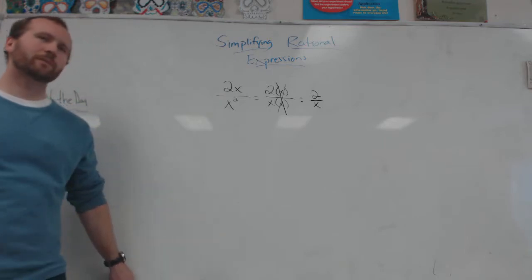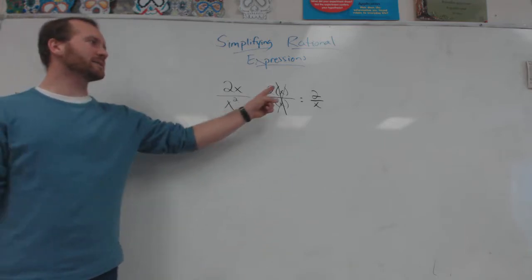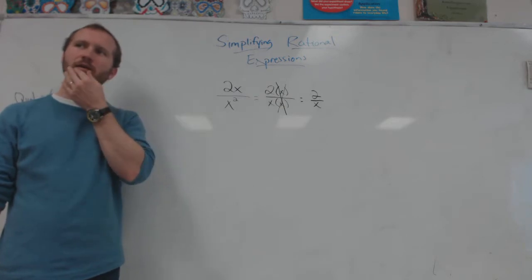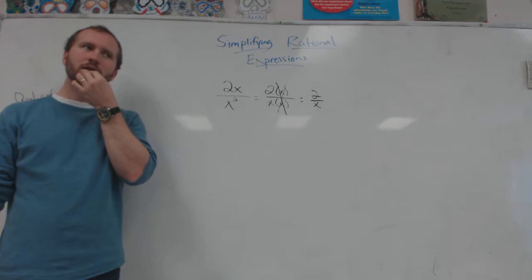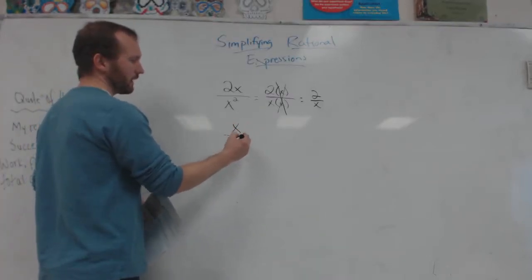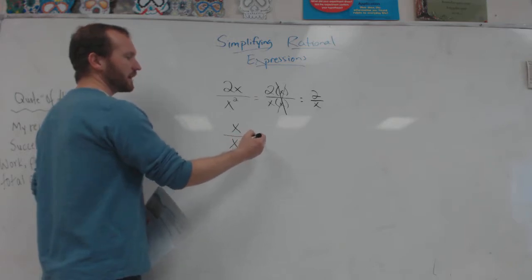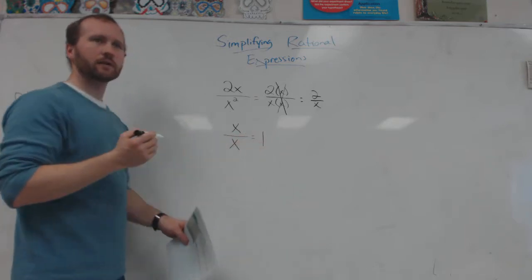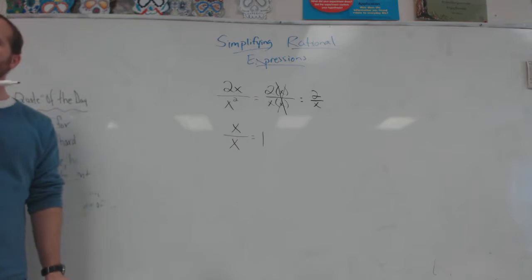Can you always cancel out x over x? If I just gave you this, x over x, the reason I can cancel this is because it equals 1. Is that always true?